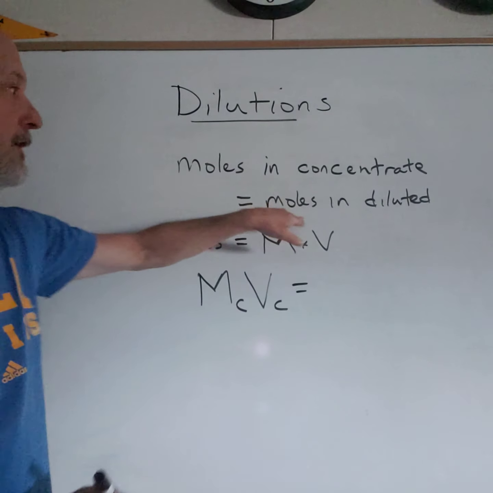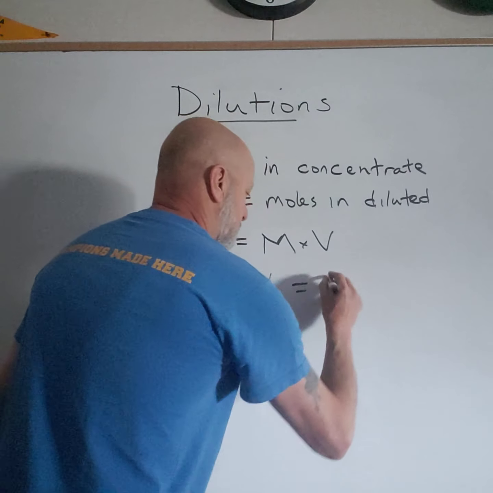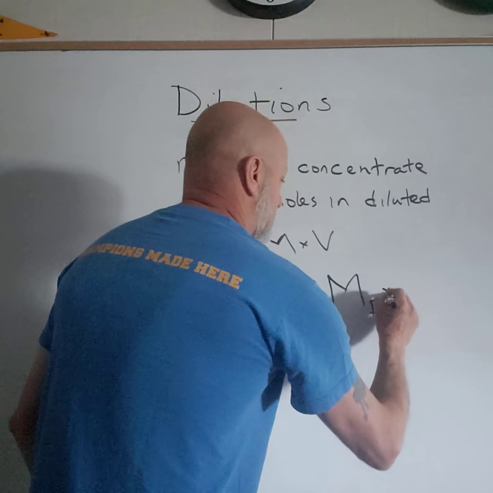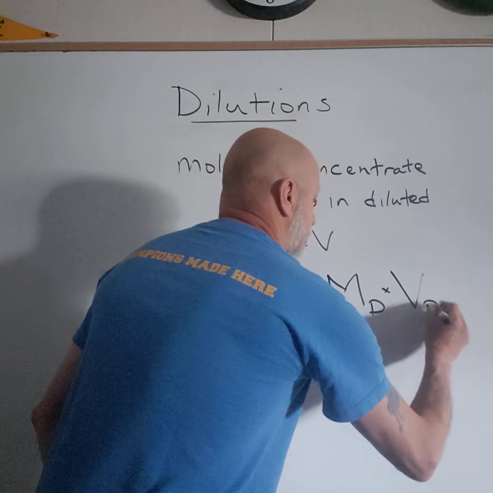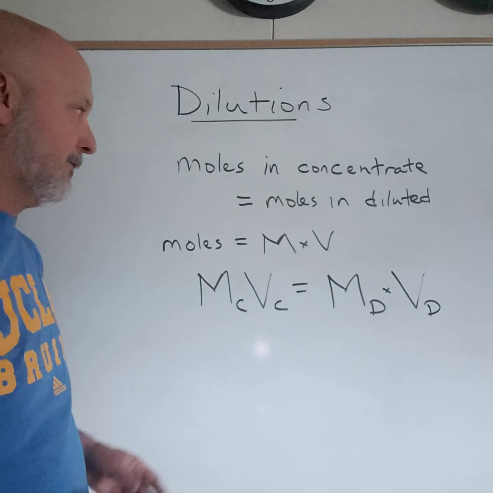The moles of the concentrate equals the moles of solute in the diluted: my new concentration of diluted times the volume of my diluted solution. And this is our shortcut equation. Let me show you how that works now.